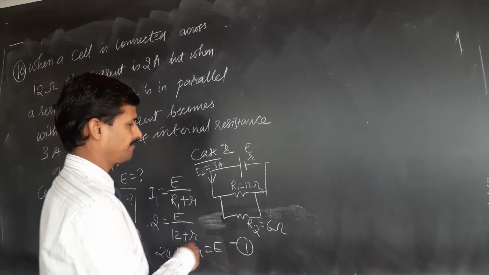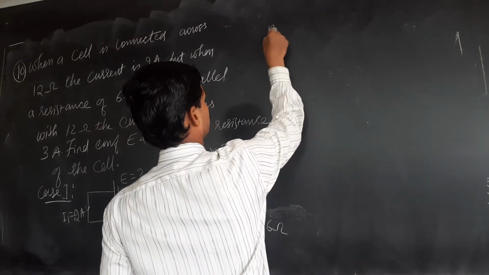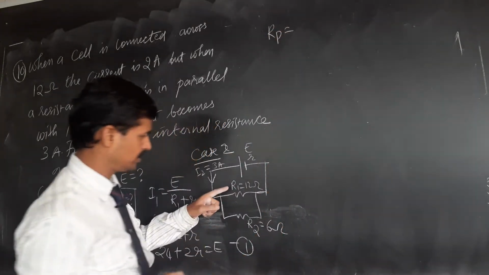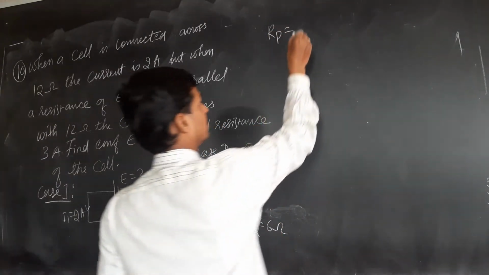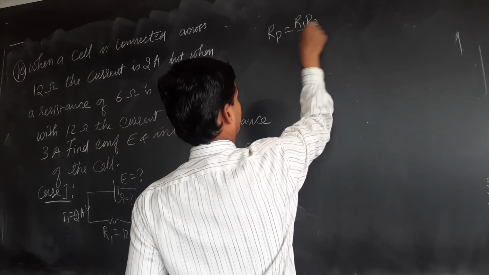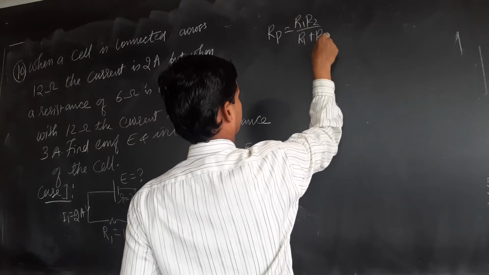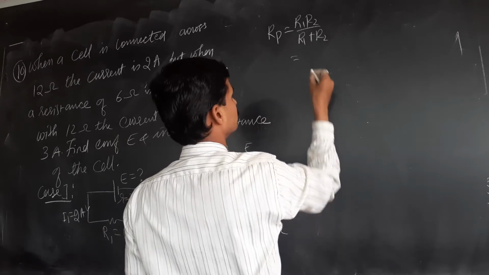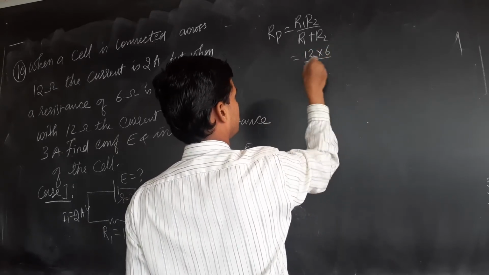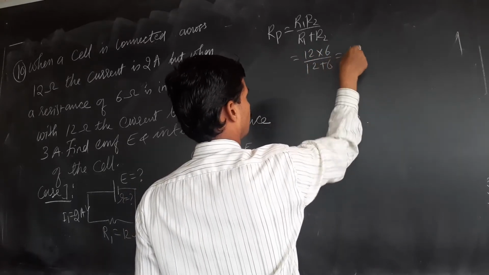How to write the equation for this one? RP is equal to this parallel combination resistance, R1 R2 divided by R1 plus R2, that is 12 into 6 divided by 12 plus 6, 4 ohm.